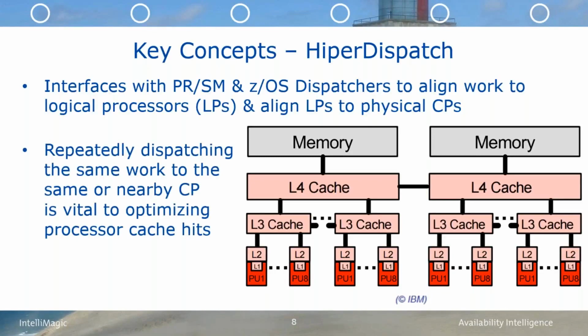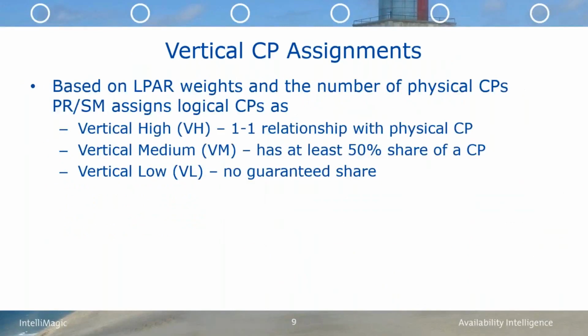This is important because it increases the likelihood of units of work being redispatched back on the same logical CP and executing on the same or nearby physical CP. That optimizes the effectiveness of processor cache at every level by reducing the frequency of processor cache misses and by reducing the distance into the nest required to fetch data when a miss occurs.